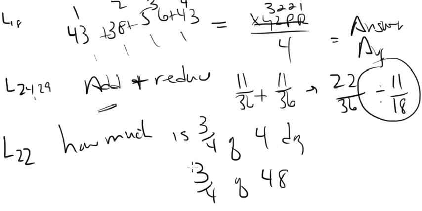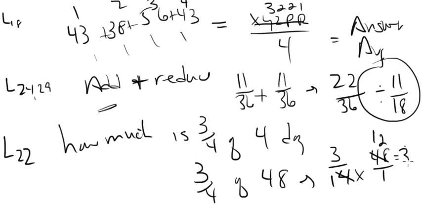Now, you know, when we have of means multiply, so I'm taking 3/4 times 48 over 1, okay? And I can cross multiply here, make that a 1, make that a 12, and I get 36. 12 times 3 is 36 over 1. So 3/4 of 48 is in fact 36. Okay, that's lesson 22 if you didn't understand it.